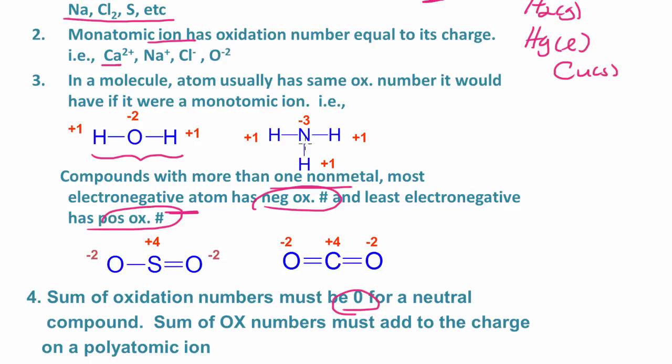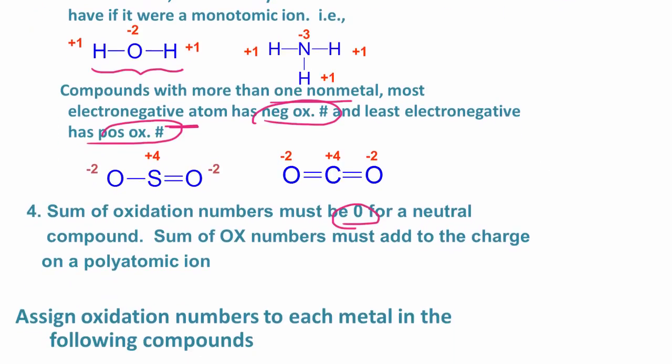These add to 0. For the sulfur and oxygen compound, the oxygen is more electronegative than the sulfur, so oxygen has a -2 charge. The two -2's add up to -4. So what plus -4 will add to 0? The sulfur must be +4.